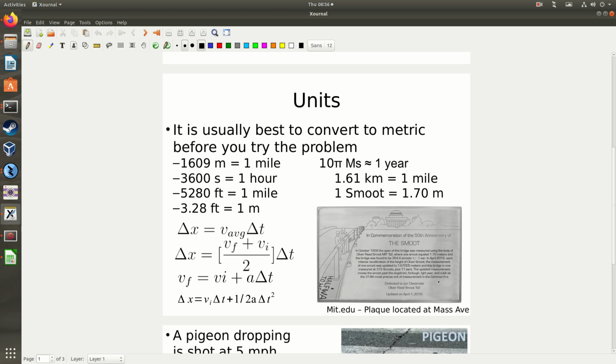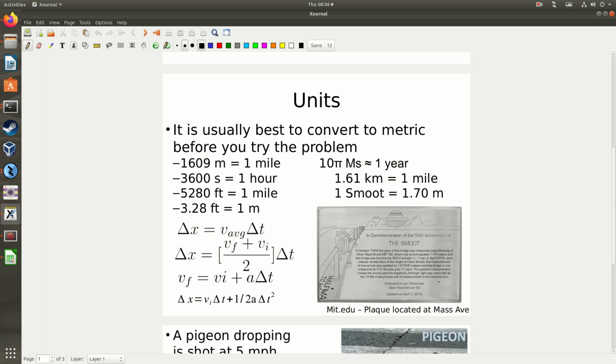A couple of things, units you kind of need to know. There are 1,609 meters in a mile, 3,600 seconds in an hour. Hopefully, you know that by now. 5,280 feet in a mile, 3.28 feet in a meter, or 0.305 meters in a foot.